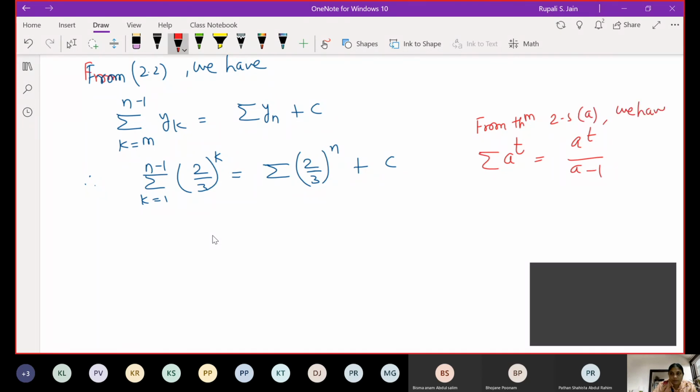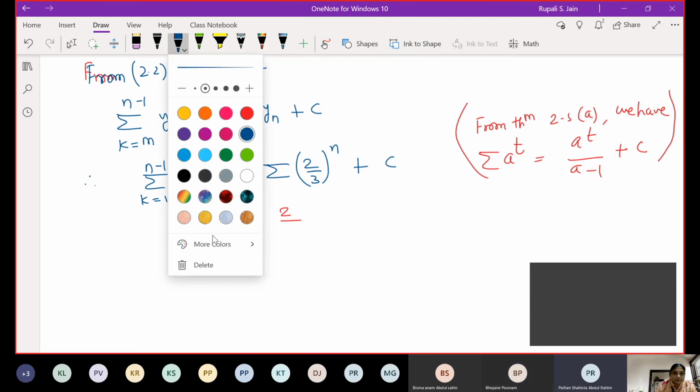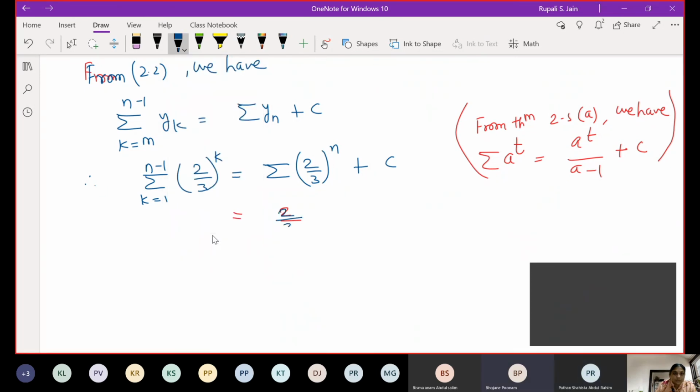We have this, plus some constant c. So what can I write here? 2 by 3 raised to n divided by a minus 1, where a is 2 by 3, plus constant.